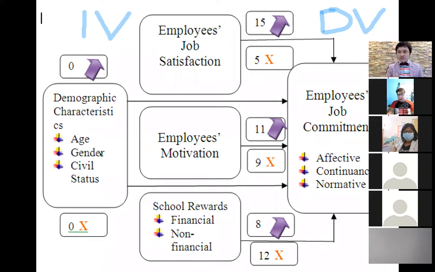We need to look for blind spot or blank spot because these are what we call GAP. Hindi yung gap sa ngipin ha. This is the gap in the literature. Ibig sabihin ng gap, ito yung mga problema sa literature.